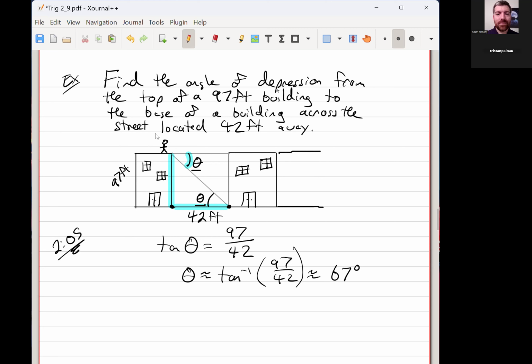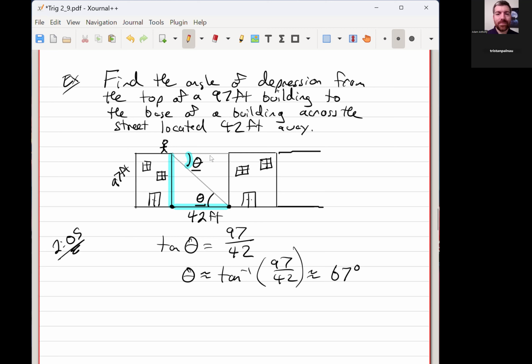And then the line of the angle of depression acts as a transversal. And so there are a bunch of angles that are congruent. In this case, the important pair is the alternate interior angles, right?